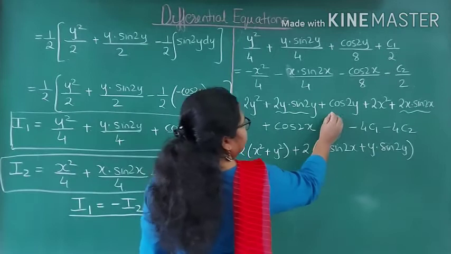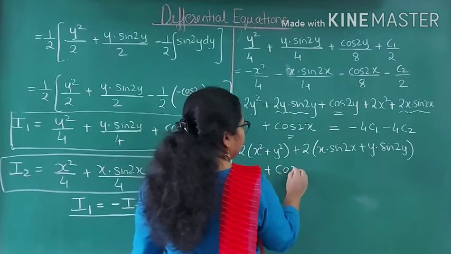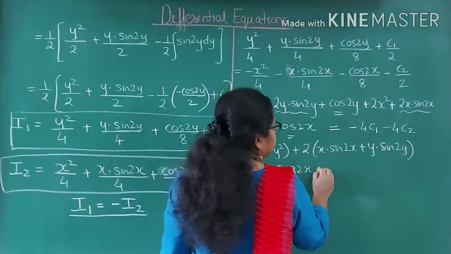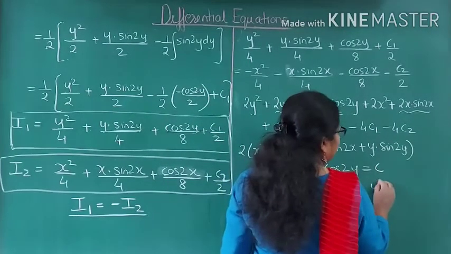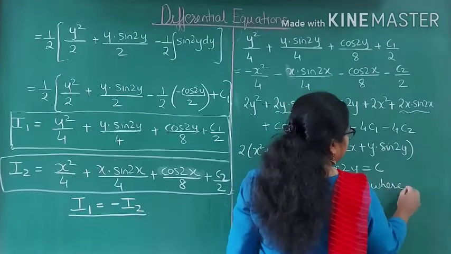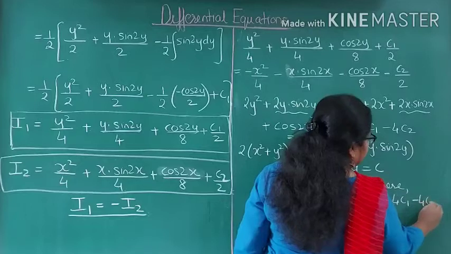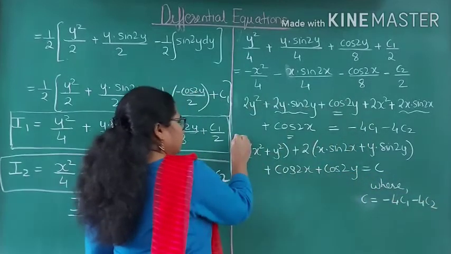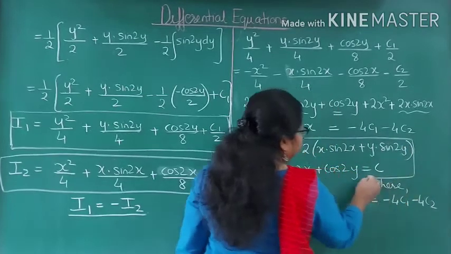And then we have these remaining two terms, that is plus cos 2x plus cos 2y is equal to c, where c is equal to minus of 4c1 minus of 4c2. So this is your general solution.